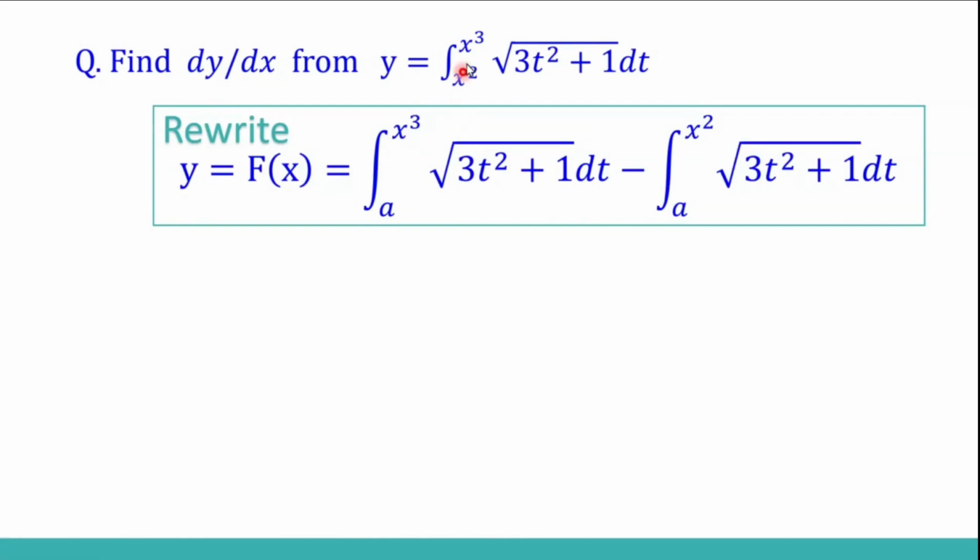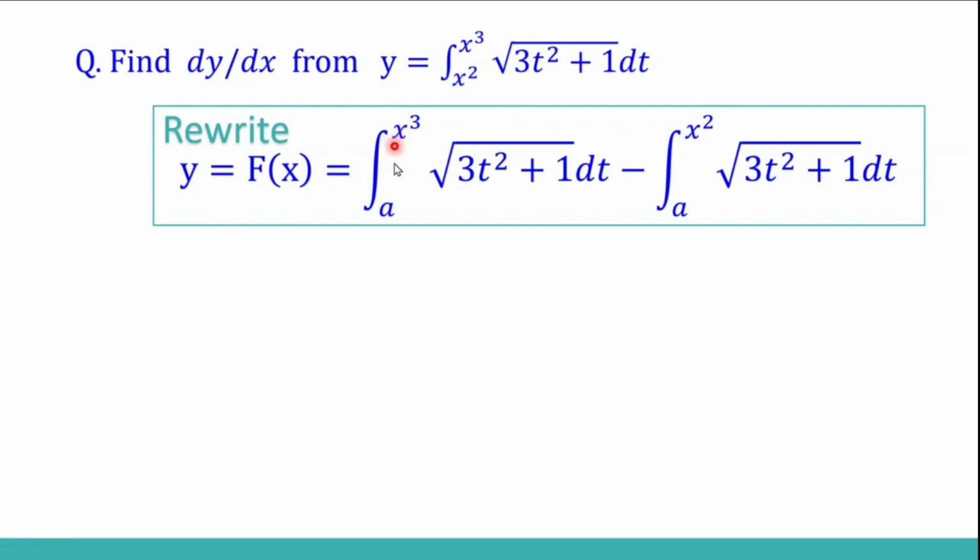We divide the interval from x squared to x^3 in the middle with a constant in such a way that the differentiability and continuity of this function is always intact.